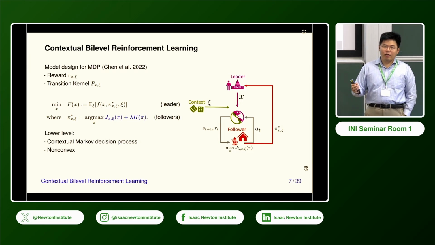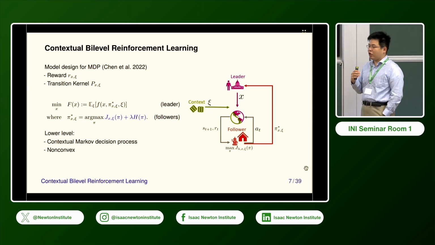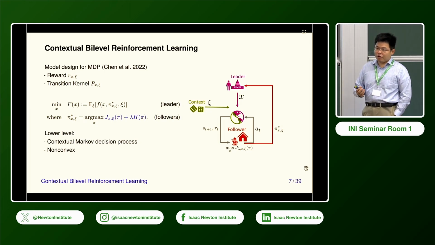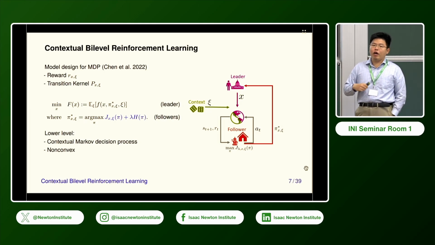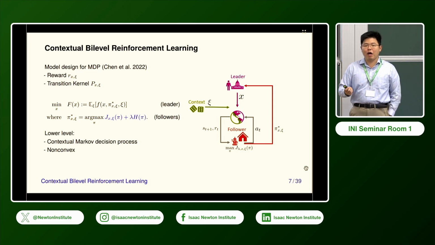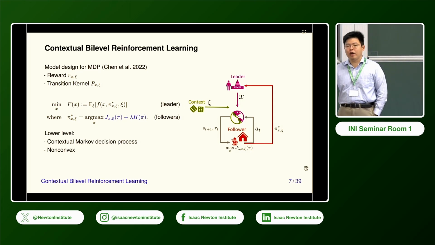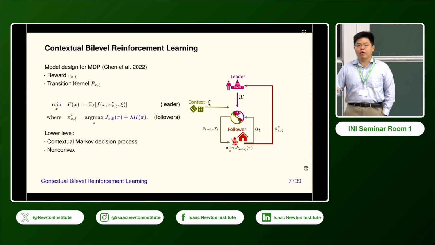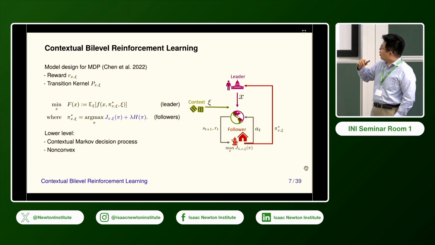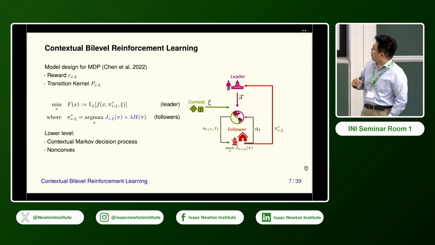In a lot of practical scenarios, people really need to think about how to specifically design an environment of the MDP, and then given this environment, how to train the agent so that it behaves in the way that we want. So that's the idea of proposing this bilevel reinforcement learning.